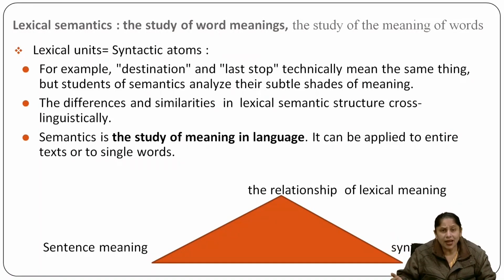Basically, you can ask what is the meaning of the word, what is the actual etymology of the word, would that also come under this category of lexical semantics? Of course not. Etymology is a different thing, where the word comes from, and lexical semantics focuses on the actual meaning of the word.